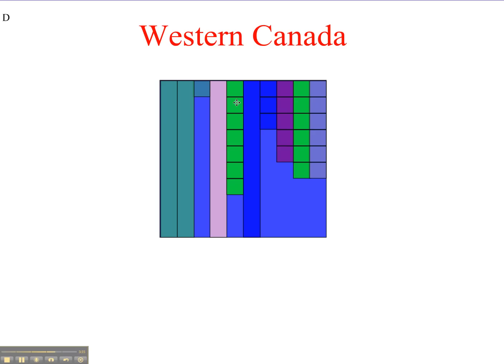So Alberta was represented here in the green, and we see that that was about 7%, and 21 is 3 times 7, so that's one example of something that you could do. You can also say, well, this is roughly half, or it would be exactly half in this model here, of these provinces on the right-hand side here.